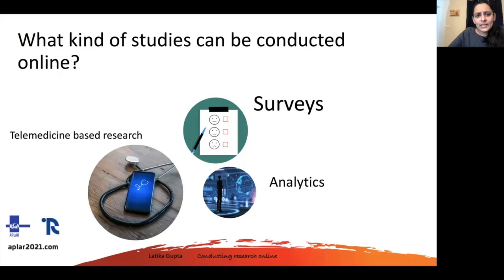So broadly, if you look at the kind of studies which can be conducted online, then we could divide them into interview-based studies, surveys, which can be of many kinds, as we'll see in a minute, analytics, that is big data handling, and the upcoming field of telemedicine-based research.